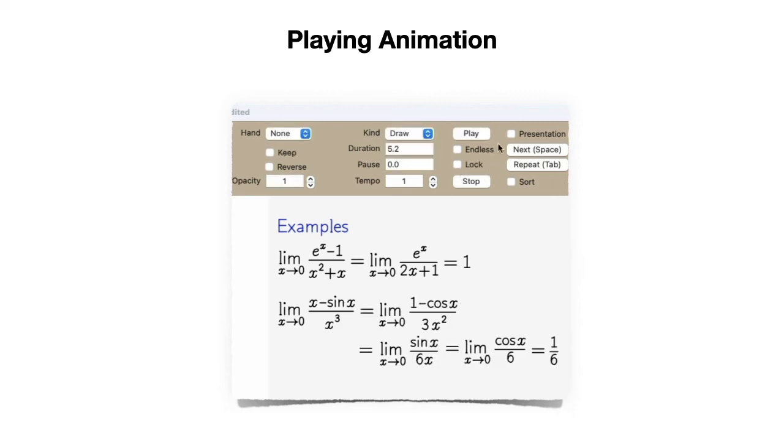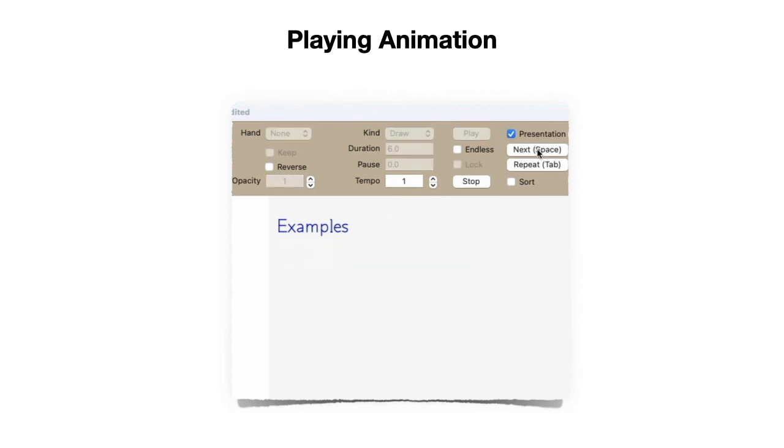So in that case, we use presentation, and now we can decide with this next button when the next animation will start. We can also use the repeat button to repeat the last animation. So if we choose one object and click on play, now when we click next, that animation will start, and then it will stop.